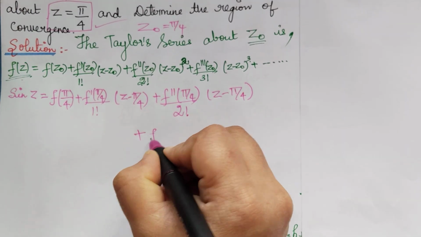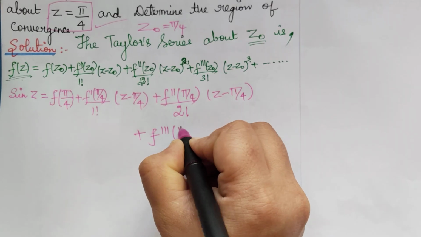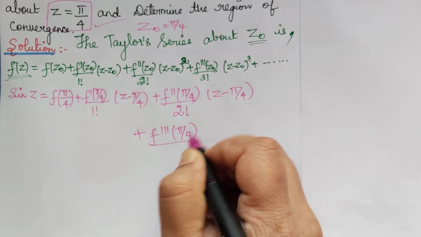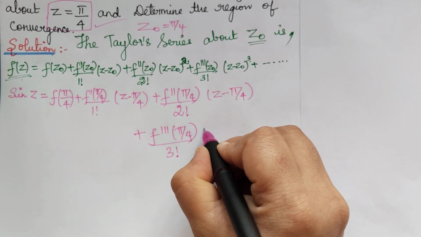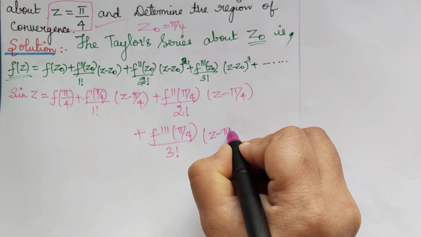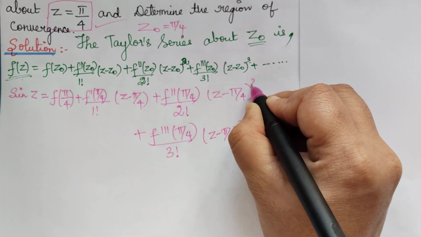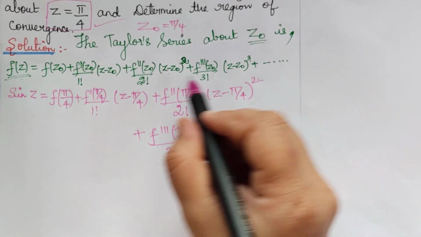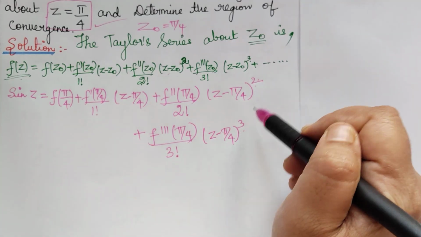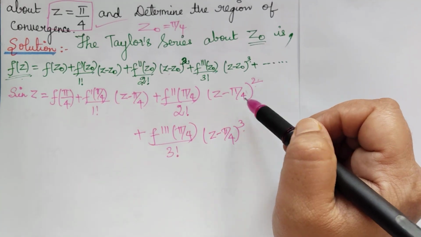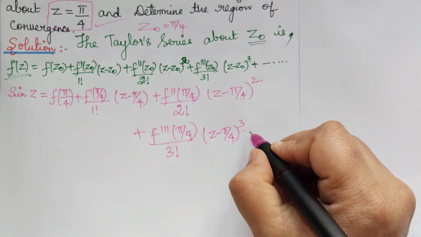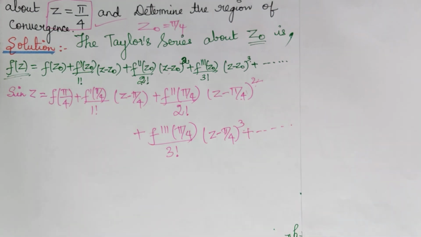So plus f triple dash of pi by 4, that is the fourth term actually, by 3 factorial multiplied with z minus pi by 4 the whole cube. So this is square as per the expansion. Kindly make note of the powers. Do not forget it. So here square and here it is power 3 plus etc.